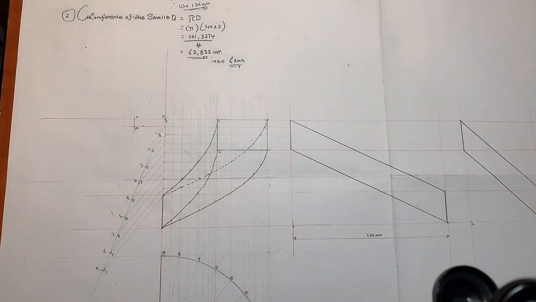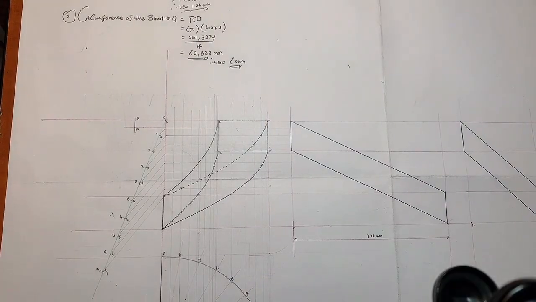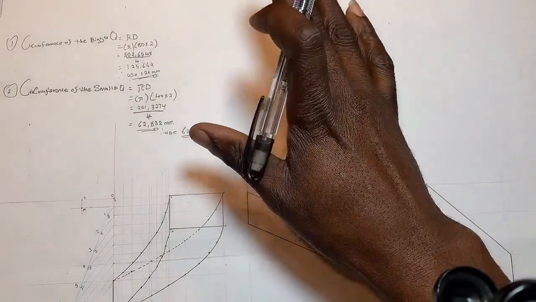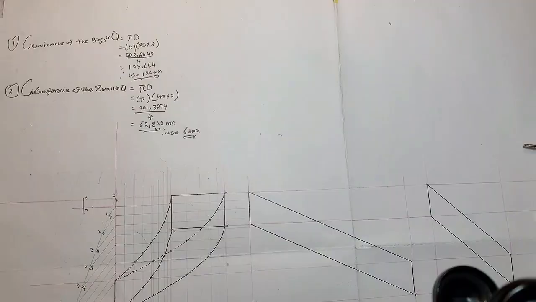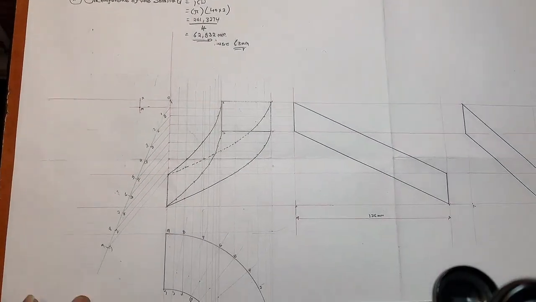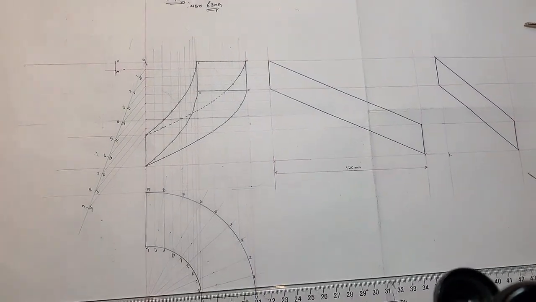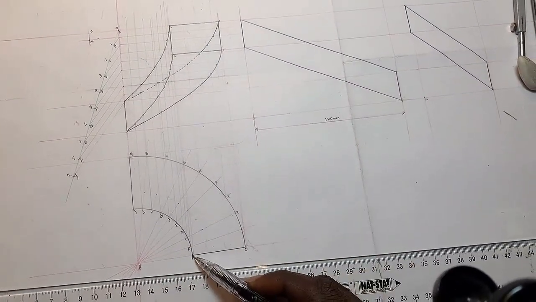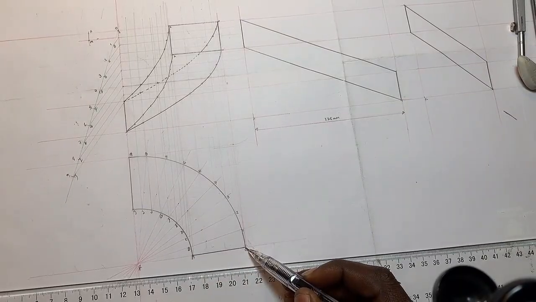So now what is going to happen? I believe my development will fit here, so it's better I do it right here. So I can just come to my top view. J to 9 is the same as A to 0, you get it.